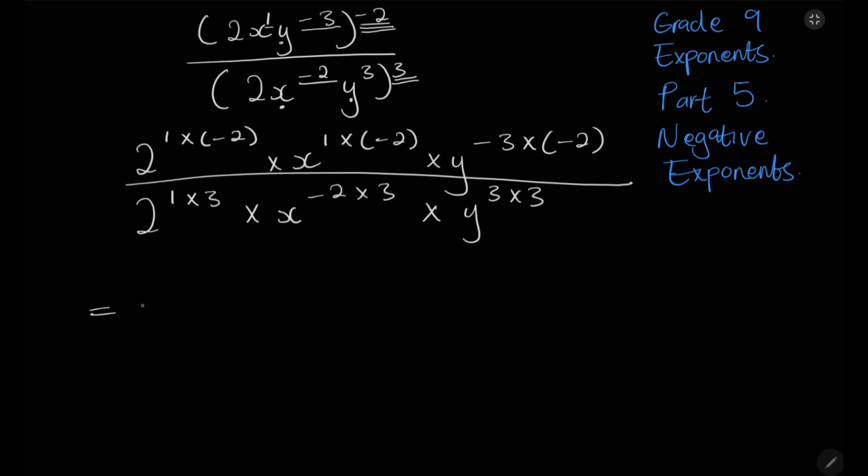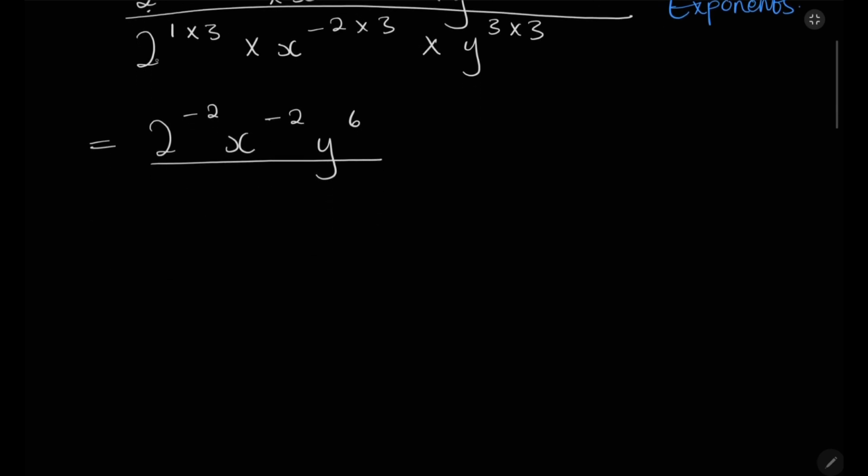Now let's calculate. In our numerator, we have 2 as our base, then 1 times negative 2, which is negative 2, times x. We can just write this as x. You don't have to include the multiplication sign. 1 times negative 2, which is negative 2, then y. Negative 3 times negative 2 is positive 6. All over, in our denominator, we have 1 times negative 3.